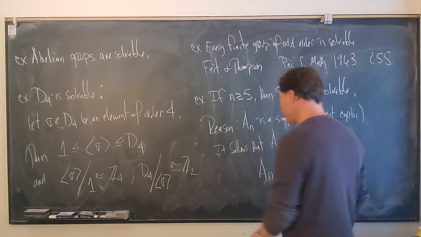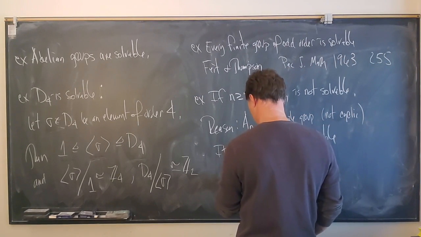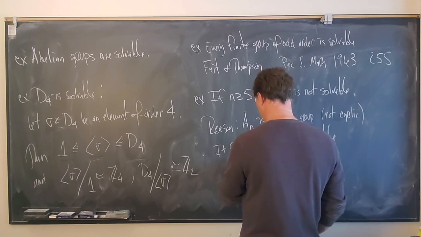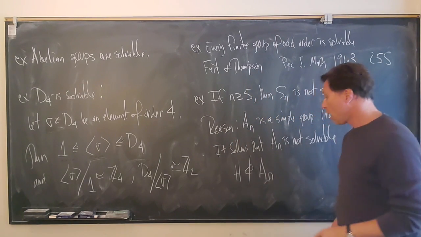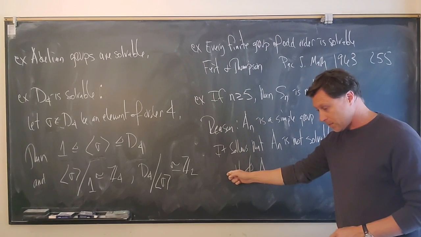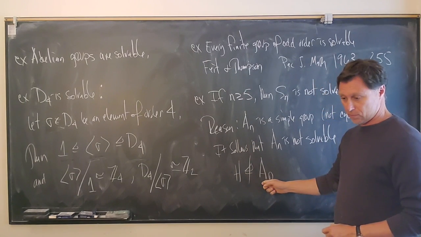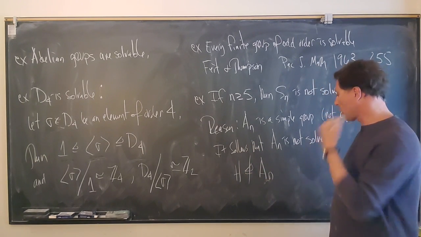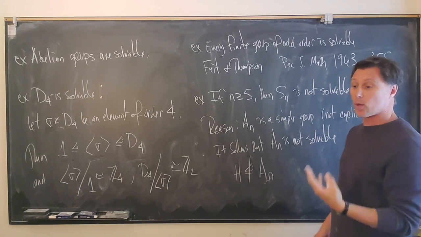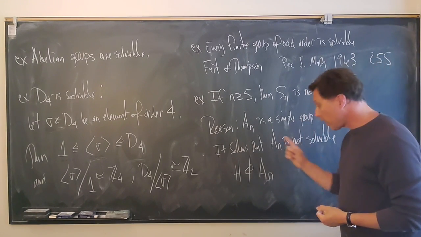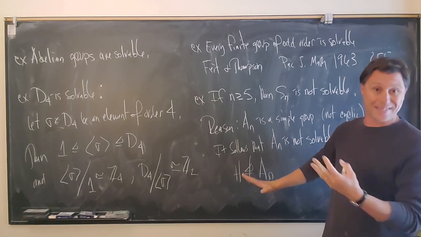So there's nothing that can go in between, other than the identity and A_n itself. And so there is no subnormal series for which we get abelian or cyclic quotients.